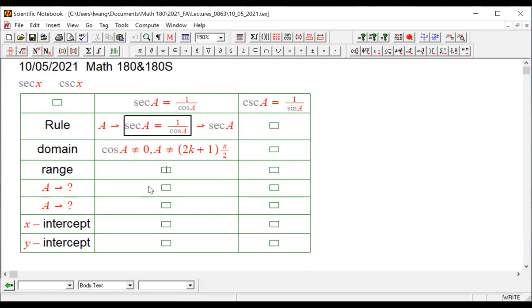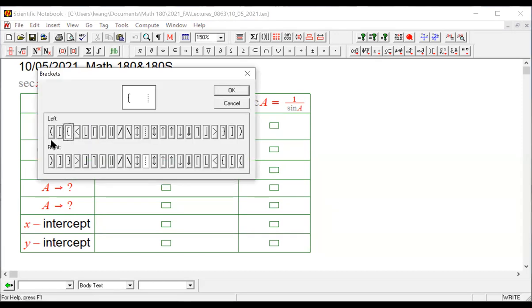And the range is a little tricky. What I got for the range is the bracket from 1 to infinity, and then a union sign, then parenthesis from negative infinity to -1 bracket.